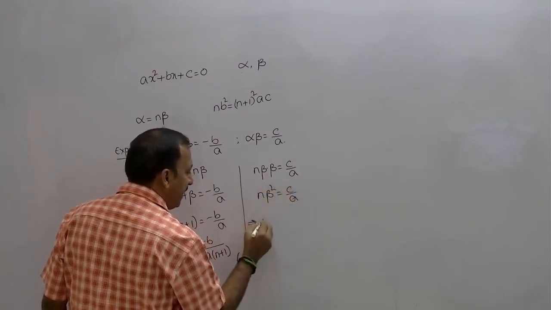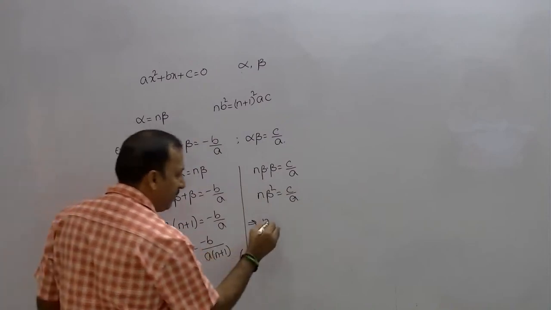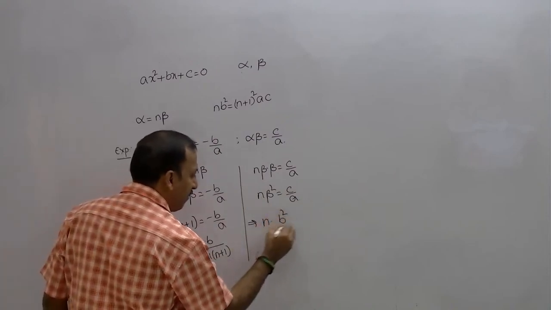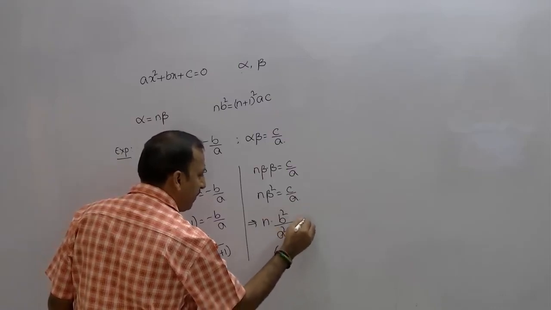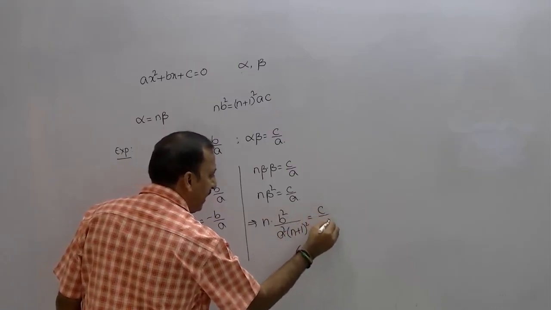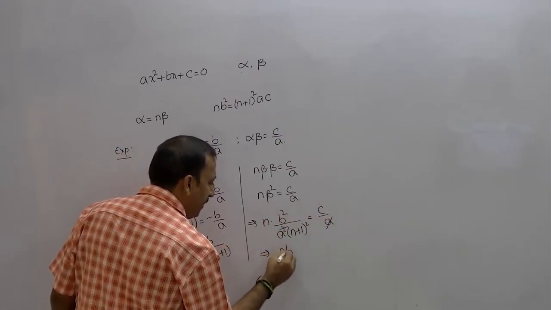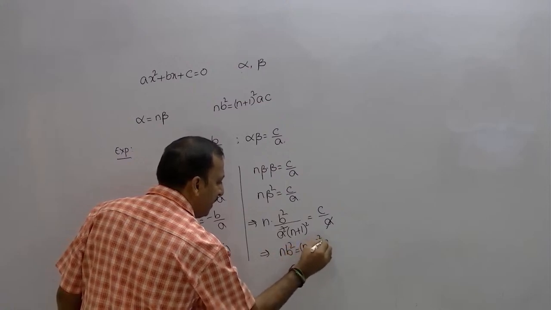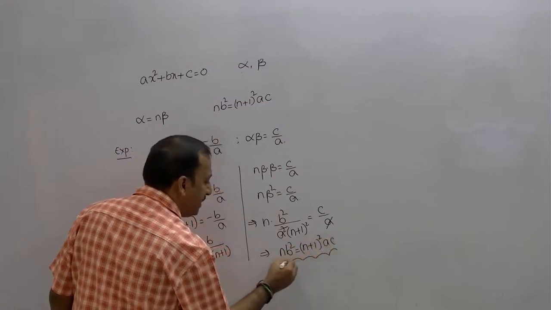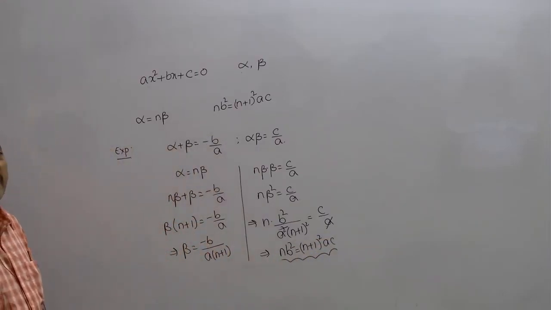That implies n into, we can replace beta by this, beta square means b square by a square into (n plus 1) whole square, that is equal to c by a. A will get cancelled. Cross multiply: nb square is equal to (n plus 1) whole square into AC. It is the condition that one root of the quadratic equation is n times the other root.